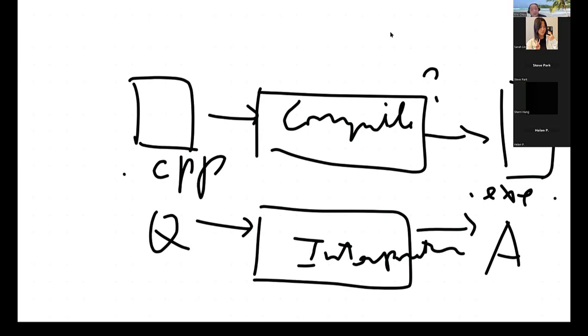The question is why we want to translate from one language to the other. What's the advantage? What's the good thing about it? Why do we want to do compiler or interpretation? It's like every language does it differently. Okay, no problem. Okay, you don't know, it's okay.